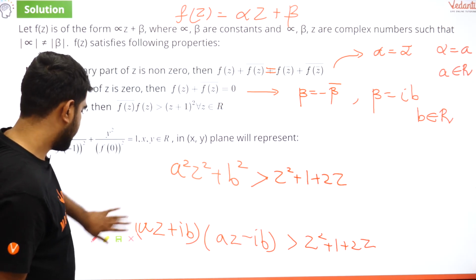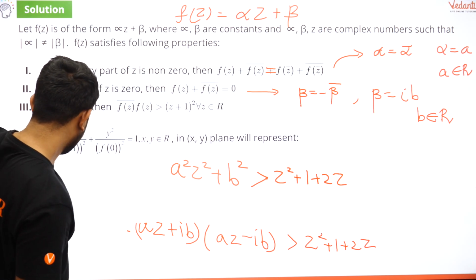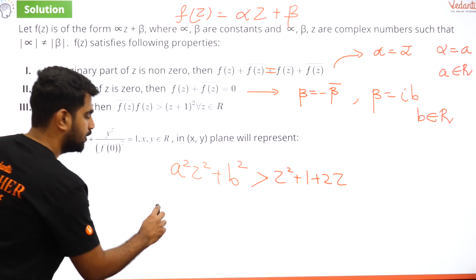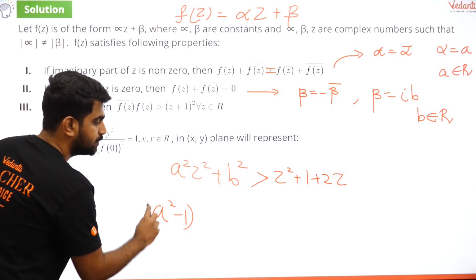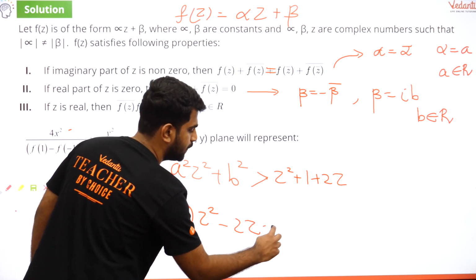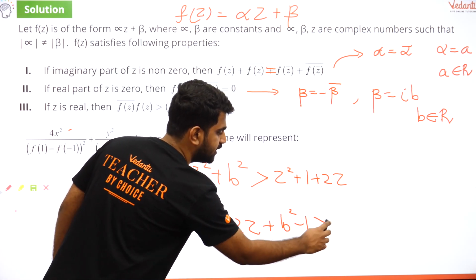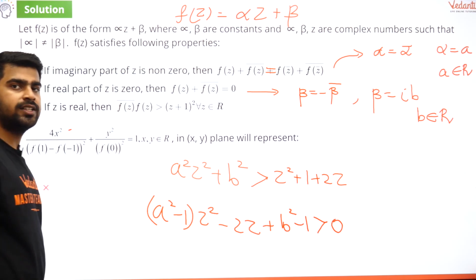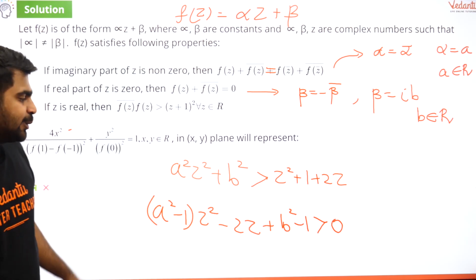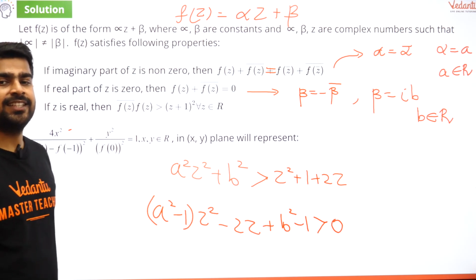Now I will write it in short form by combining the terms. Alpha square minus 1 Z square minus 2Z plus B square minus 1 is greater than 0. Got it? Yes. So this is the last condition that I have.